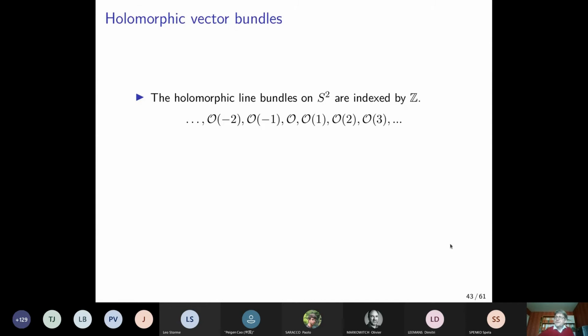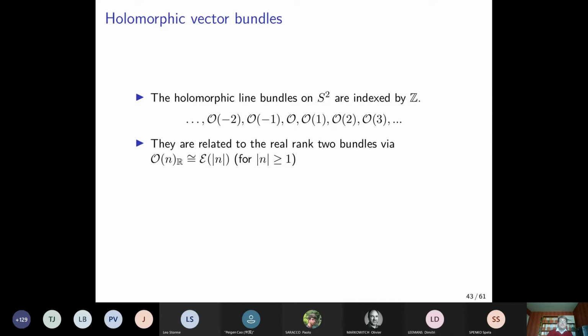Now we can go back to the question, what's the classification? Well, the holomorphic line bundles on the sphere are indexed by Z. And if you forget their complex structure, they actually correspond to the real line bundles of rank 2, which I listed earlier.